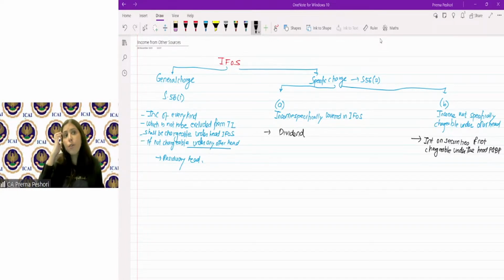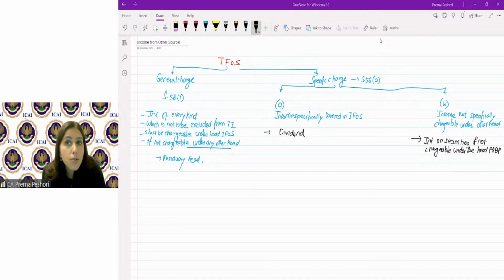Now, if you remember, we had discussed several examples when we were dealing with section 28(1), whether this is business income or capital gain or income from other sources. That time I had touched upon the interest portion. Do you remember that?